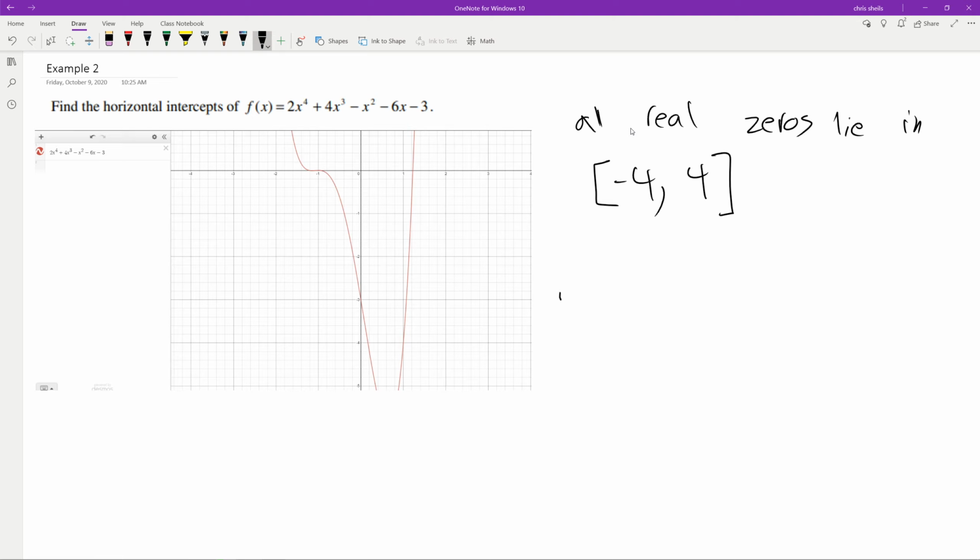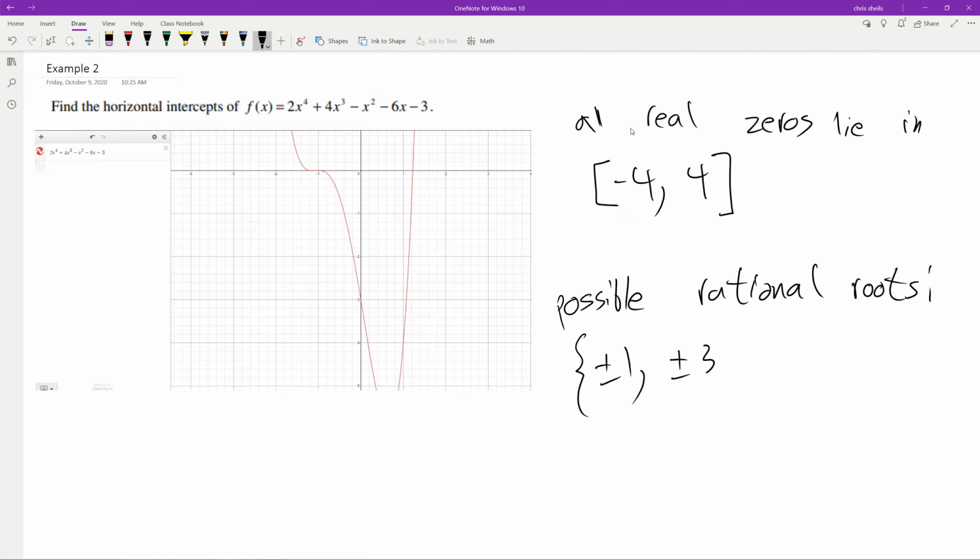And by possible rational roots, which we just found, my possible rational roots were plus or minus 1, plus or minus 3, plus or minus 1/2, and plus or minus 3/2. Now we can look at the graph here to determine what a possible rational root is for this polynomial.